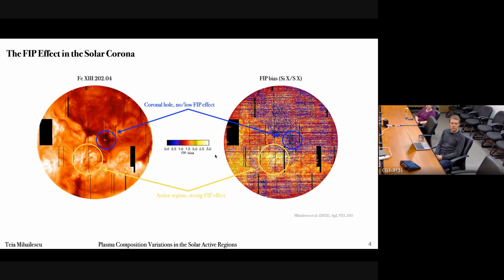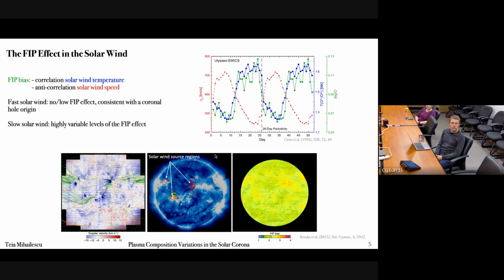In the solar wind, we also observe the FIP effect, and it seems to be correlated with the solar wind temperature and anti-correlated with the solar wind speed. The plot on the top right hand side shows that nicely. The speed is in red, the temperature in blue, and in the green, the magnesium to oxygen line ratio, which is a proxy for the FIP bias.